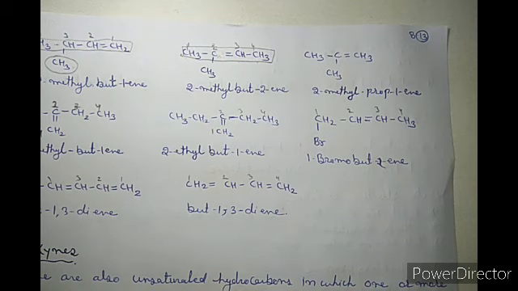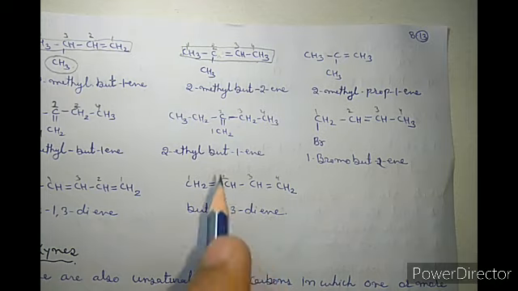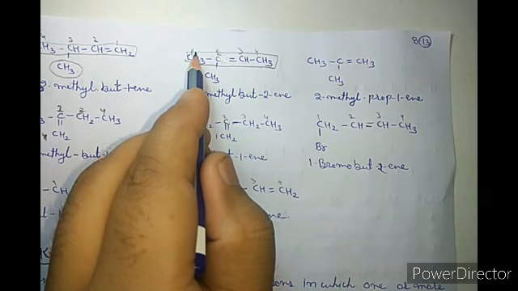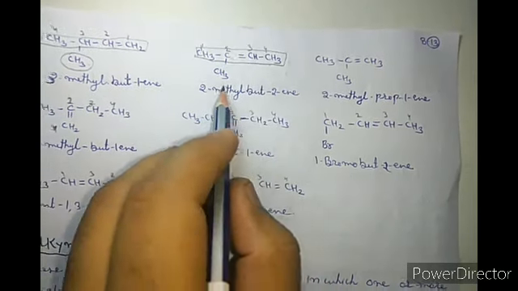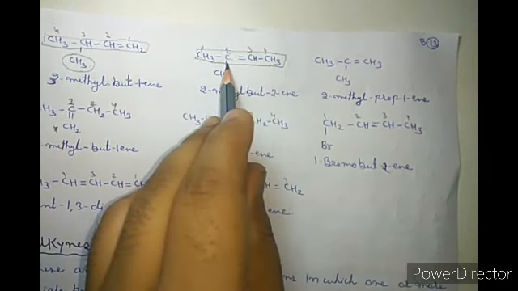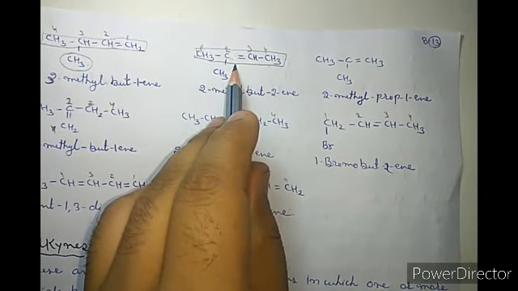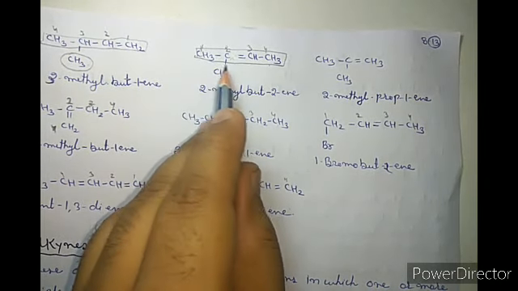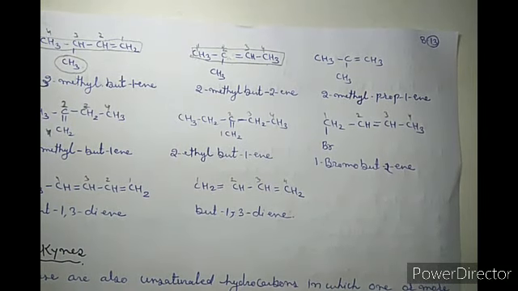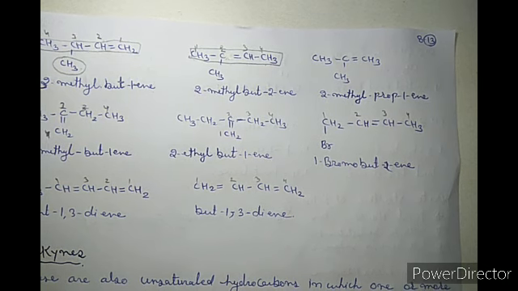So now we will try to give the minimum number to the substituent also. From that side, if we start the numbering, then the substituent gets number 2. But if we start from the other side, then it gets 3. So this is selected. I am again saying, firstly we have to give the minimum number to the double bond.